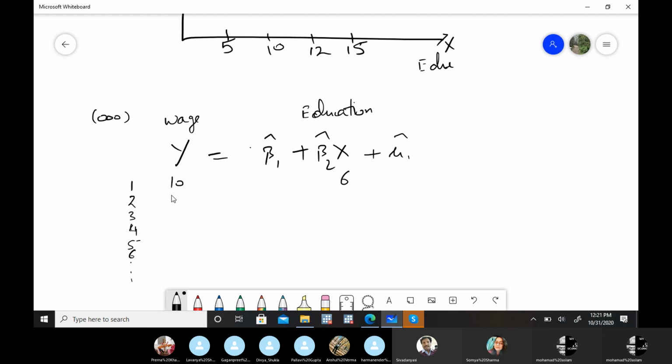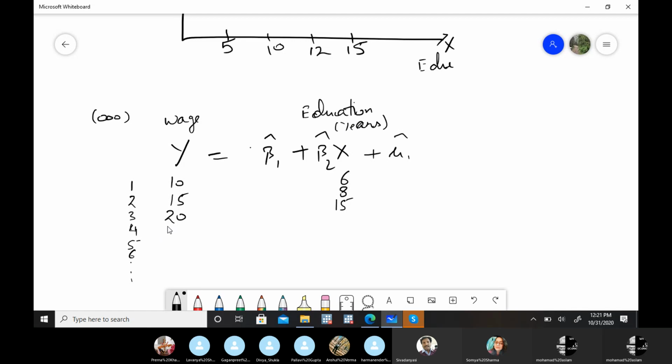Then the second individual is earning 15,000. His education level is 8th standard. The third individual earns 20,000. His education level is, let's take graduation. I am taking education in years, not education level, but education in years.